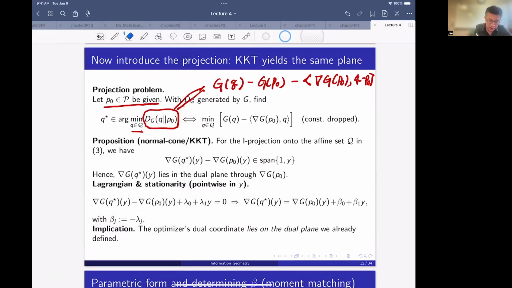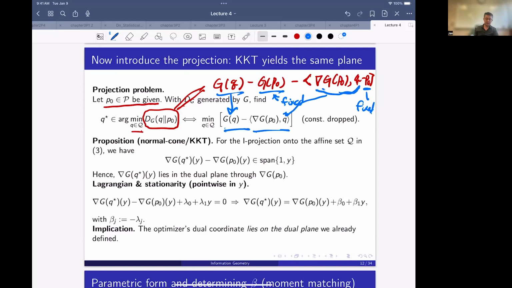Because P0 is constant, this is fixed, constant, and also this is fixed. So the only thing that changes, the variable, is this guy. So minimizing this Bregman divergence is equivalent to minimizing this term.